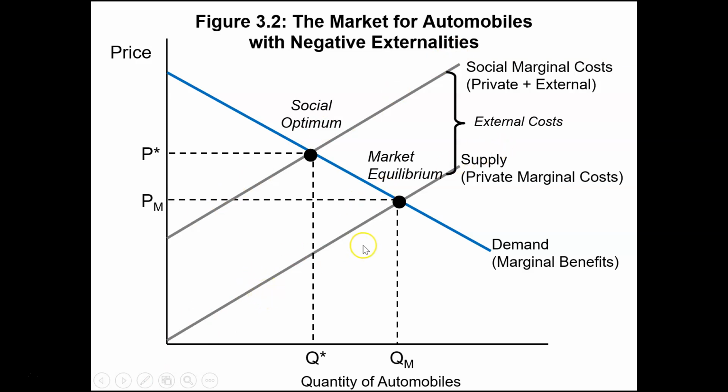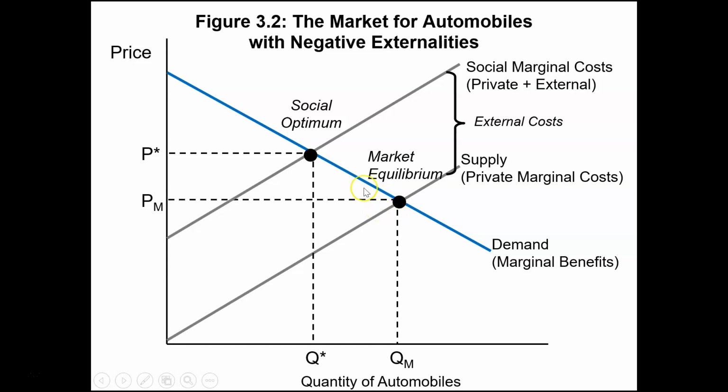So the social supply curve, or social marginal cost, is actually the sum of the internal cost, the private cost of production, and whatever the external cost of that car being produced and consumed are. So the social supply curve actually is above the private supply curve.